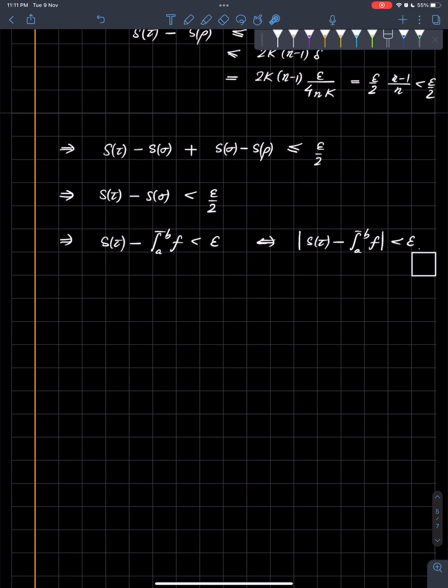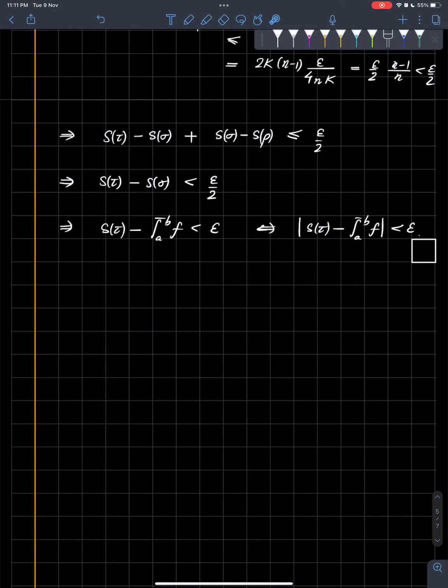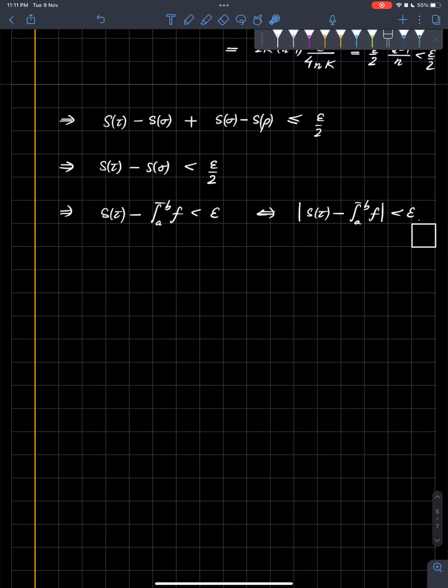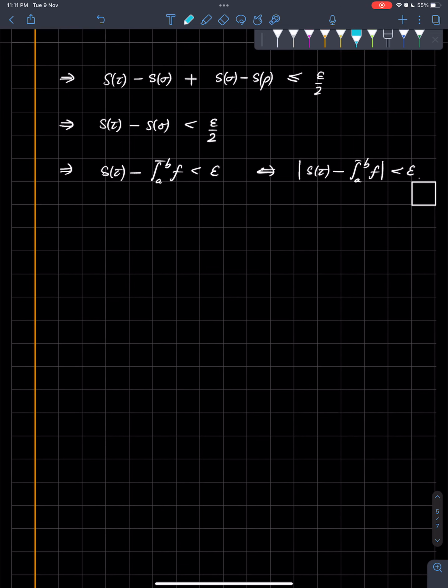And why is it very useful? It allows us to choose subdivisions of our choice now, as long as we maintain that the norms are going to 0. So here is one enunciation of this fact, what I was saying. So again, let f be a bounded function.